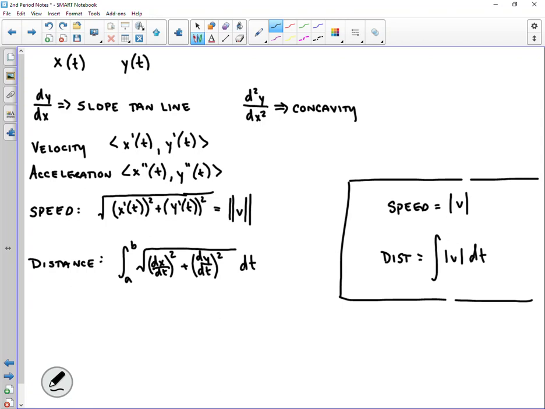So it's the same thing here. For parametrics, the distance is the integral of your speed, but your speed is the magnitude of the velocity vector. Okay. So these are the few things that you need to know for your parametrics. And then position, you'll calculate two separately, but we'll work on those when we do these problems.